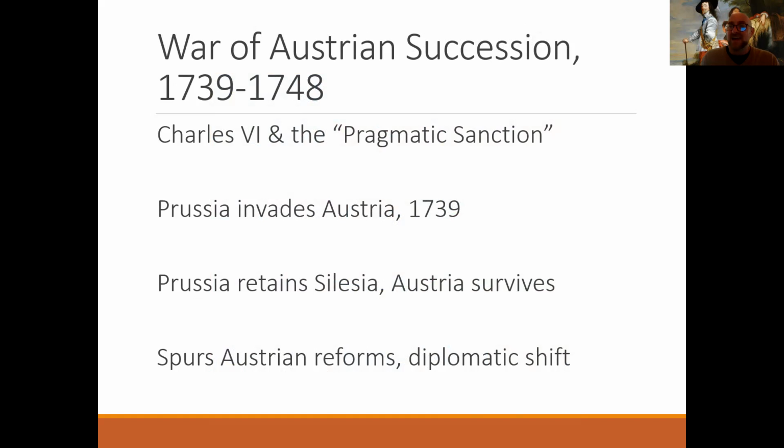It's a guarantee that after he dies, they will not invade her territory. So he dies in 1739. Prussia invades the territory and takes Silesia. And this is the doing of the greatest general of the age, Frederick II of Prussia, Frederick the Great.